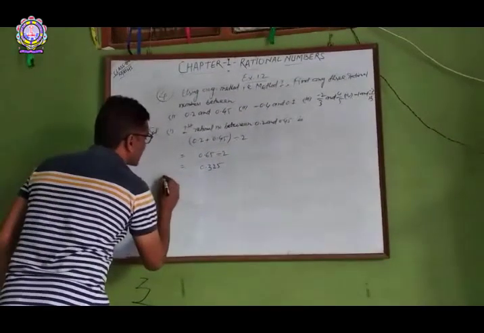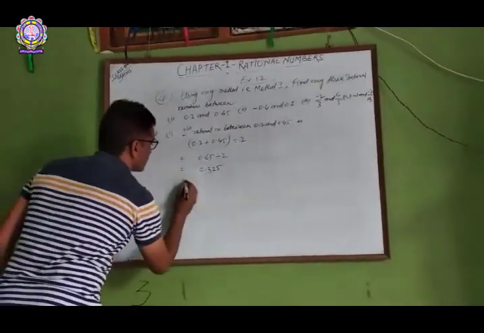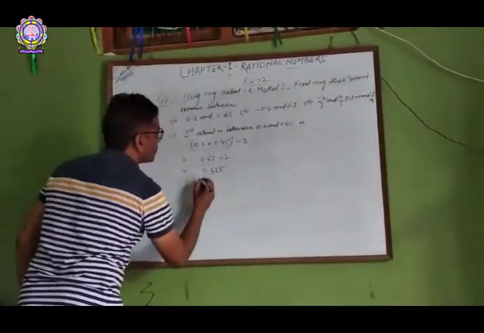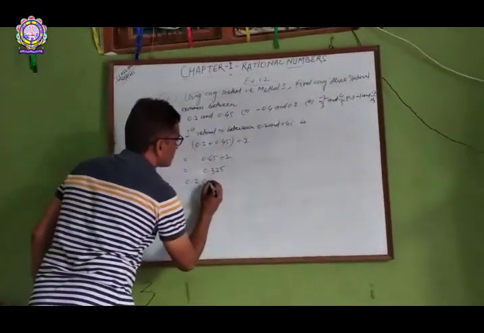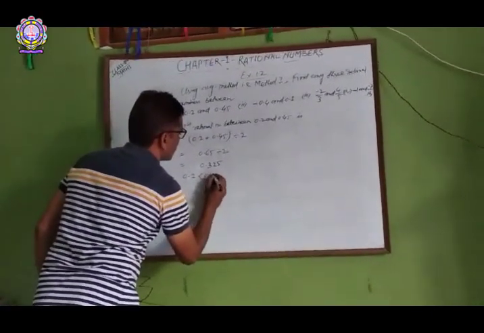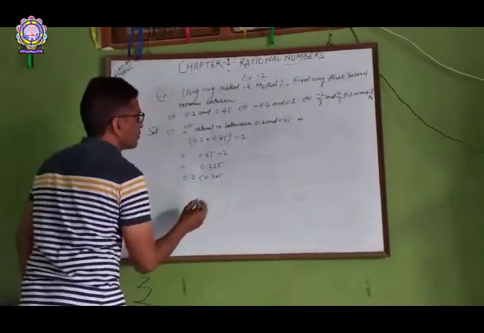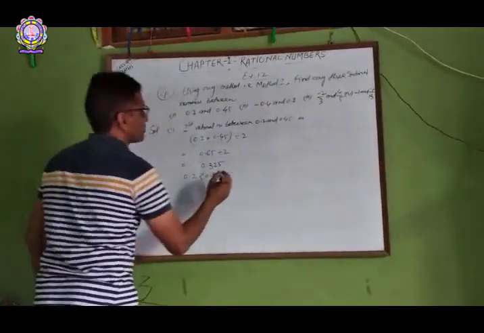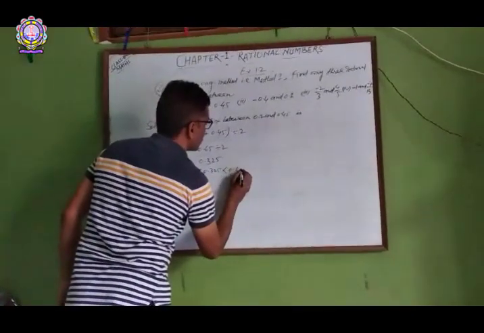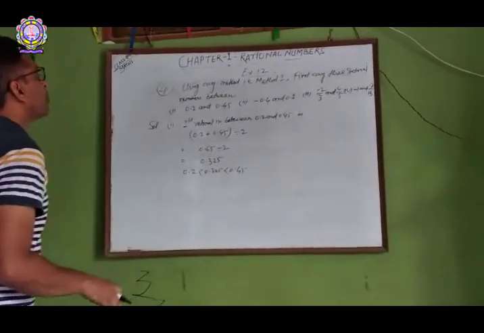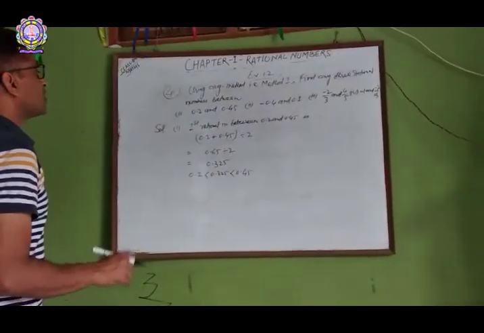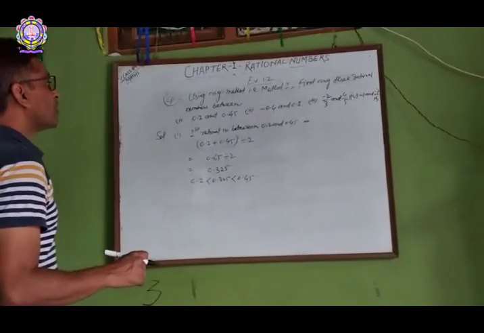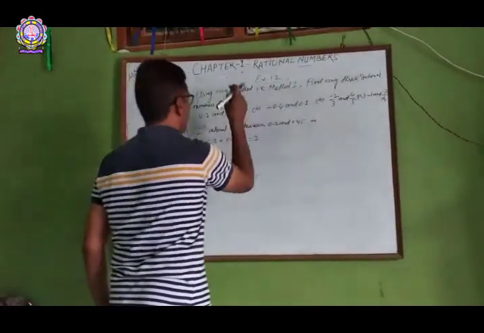It can be written as 0.2 is less than 0.325 is less than 0.45. Now we will find the second rational number between these two rational numbers.